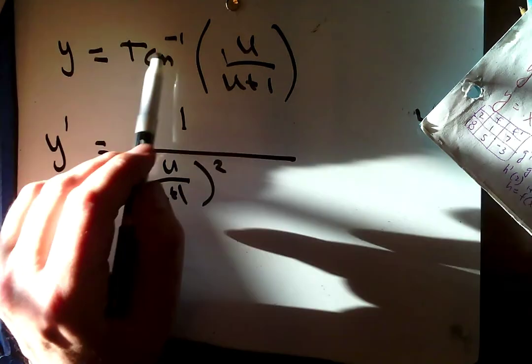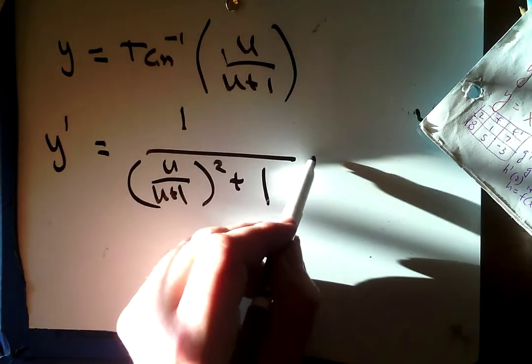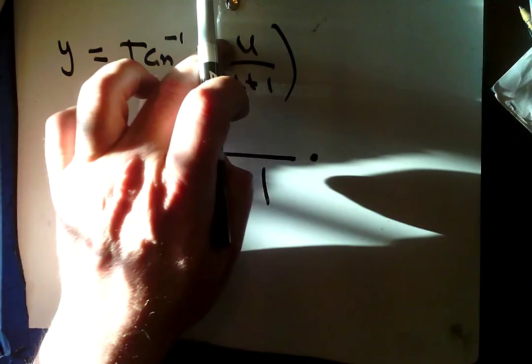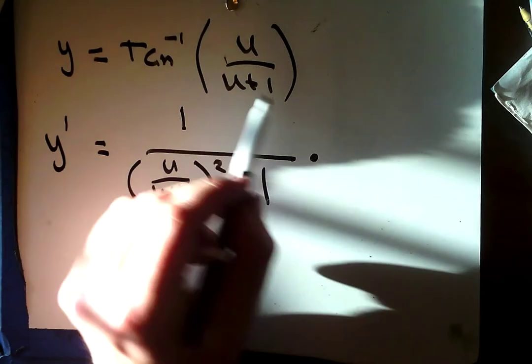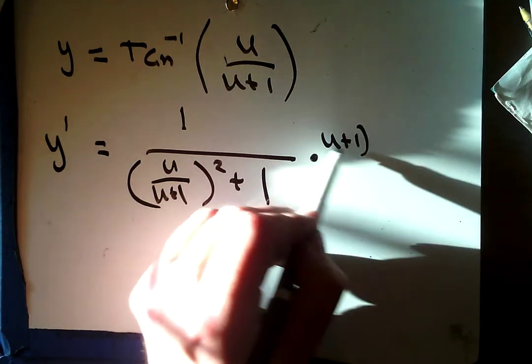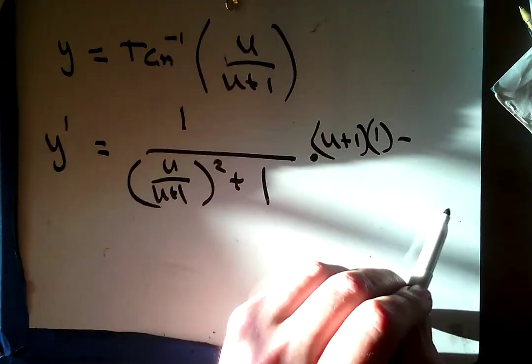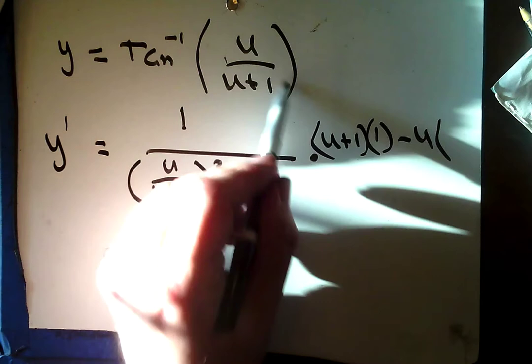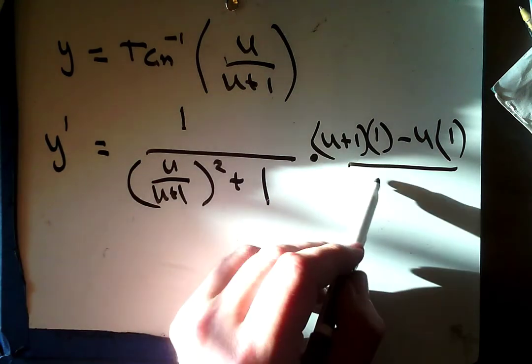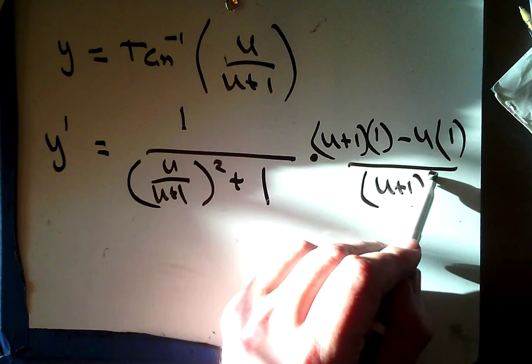Okay, so plus 1 times the derivative of the inside. Well, the derivative of the inside requires me to use quotient rule, low d high, so u plus 1 times 1 minus high d low. The derivative of this is 1, all over u plus 1 squared.